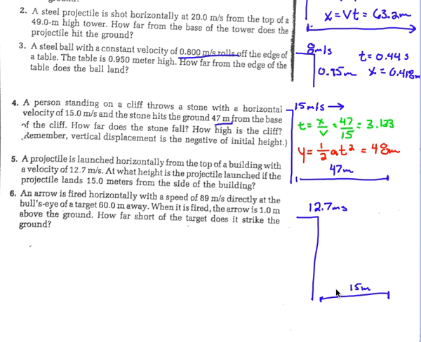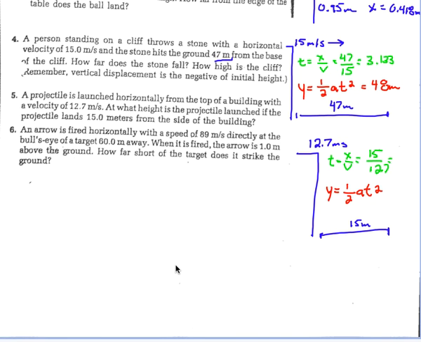To solve for time in the x direction, we use our simple equation again: distance divided by velocity. And then we use that time to solve for our distance in the y direction using our kinematics equation. Okay, so number 5.